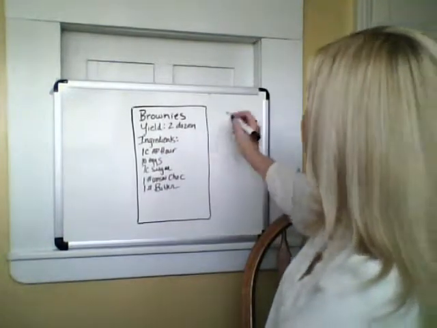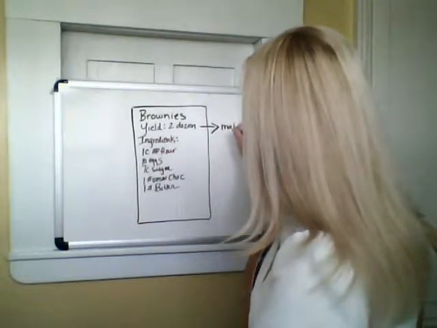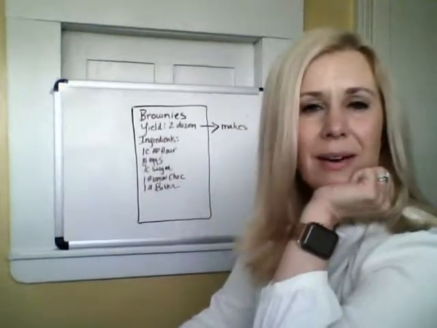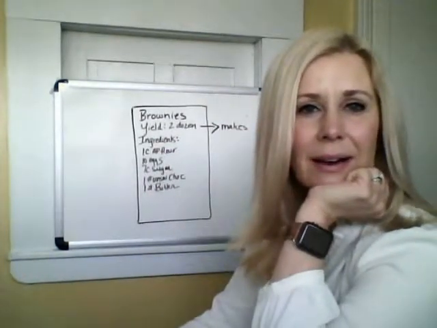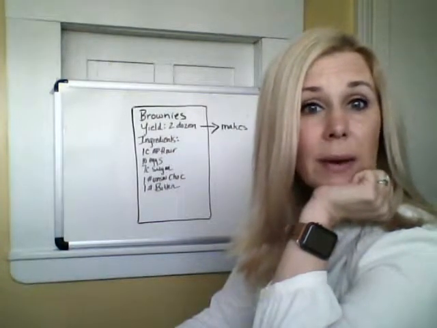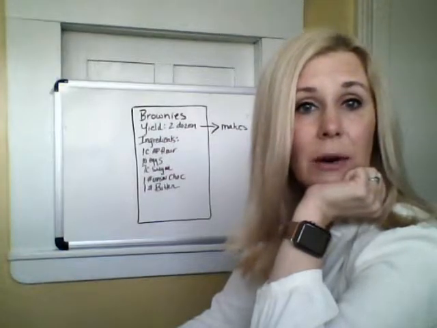So if we're looking at a word problem and they're asking us to do something with this, and they say the recipe makes, well, makes is the word that means yield. So when you're deciding, are they asking me to calculate a scaling factor based on constraining ingredient or based on yield? If you see makes, you're already talking about yield.